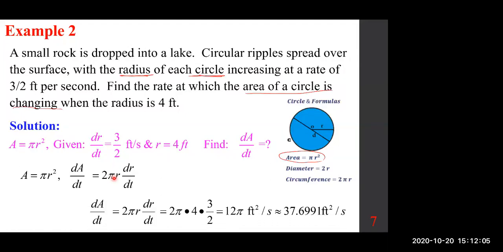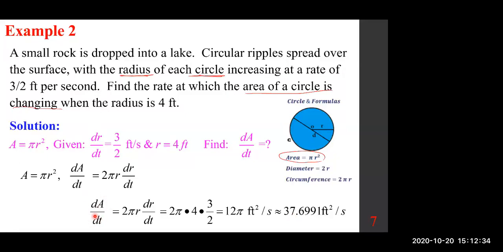So 2 pi, and then r is 4, and by 4 we mean 4 feet. And then 3 halves, the dr/dt is 3 halves feet per second. That's why it becomes square feet per second. I hope you pay attention to the units, and I hope you realize this is an approximation. You multiply, you replace the pi with 3.14159. What I want you to pay attention to is the dA/dt.